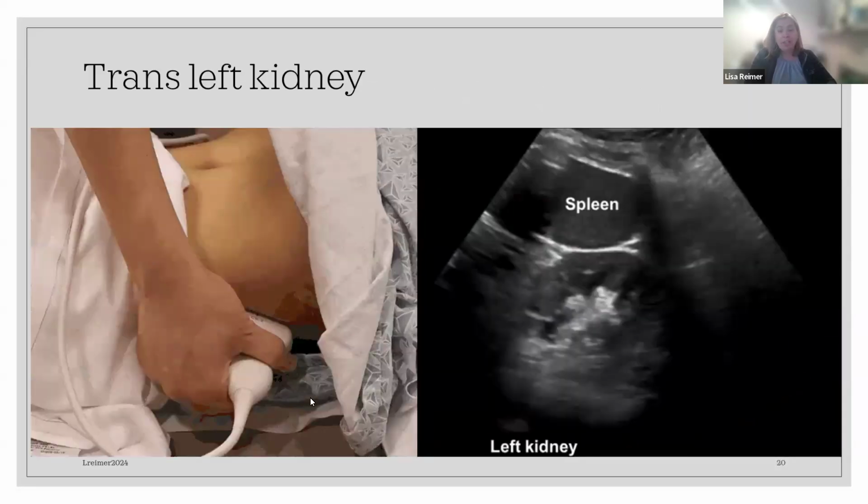We will turn 90 degrees. And now for this rotation, the notch of your transducer is actually going to point anteriorly on the body. So you're going to turn that notch forward or anterior. And then again, you're going to sweep through the kidney superior to inferior.